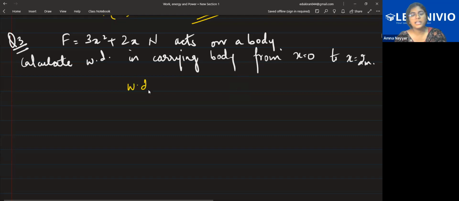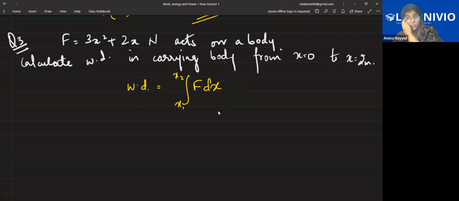So work done when you have a variable force, you write it as f dx. Now you integrate it from x1 to x2. That's how we use this formula, not the dot product formula, because our force is variable, right? Force is variable.